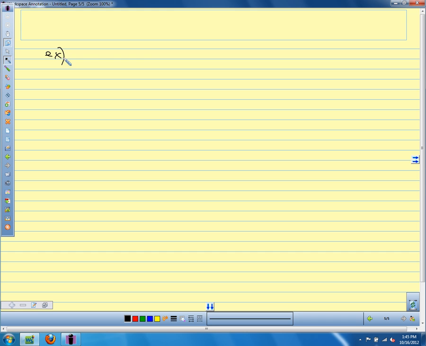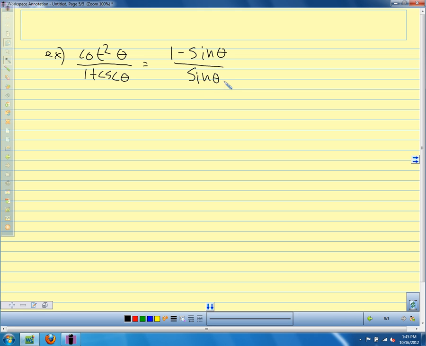Let's verify that cotangent squared of theta over 1 plus cosecant theta is 1 minus sine theta over sine theta. We could pick either side. I like the fact that this side has a cotangent squared, so I'm going to pick the left side. Let's work the left.